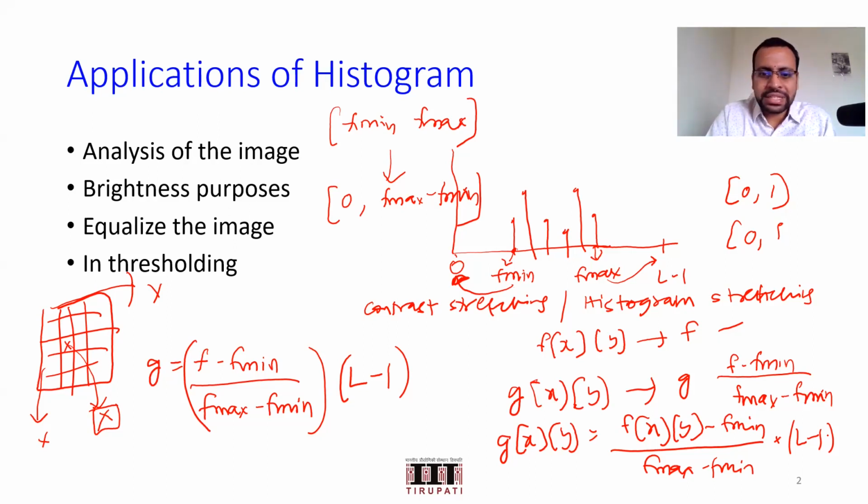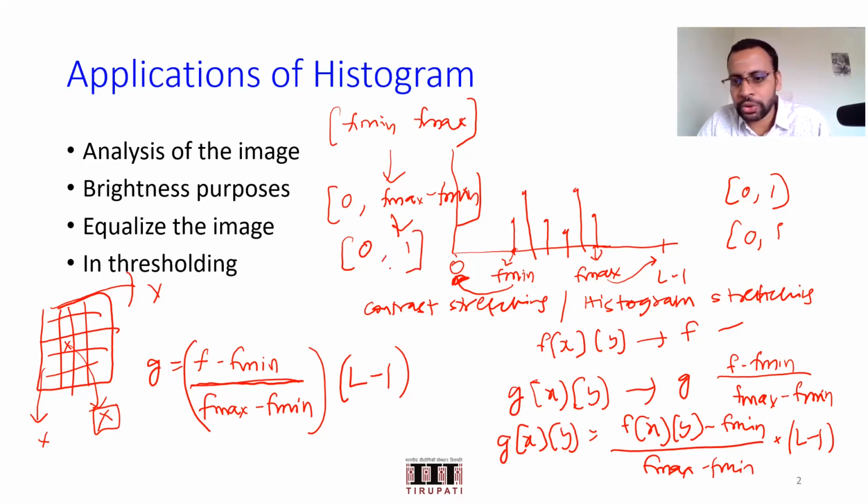So once I do f minus f min divided by f max minus f min, what is the range I am getting now? Initially with subtraction, I got 0 to f max minus f min as my range. Now I divided with f max minus f min. So what is the range now? 0 to 1. Correct. The maximum value itself will be 1. Now notice the maximum value I want to go to L minus 1.